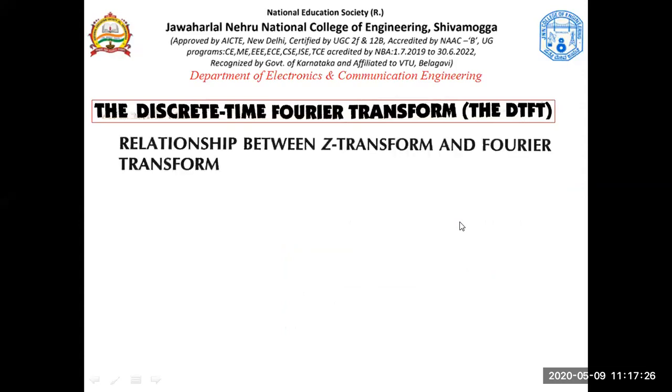Since the Z transform also dealt with discrete time signals, let's see how these two transforms can be compared. If you're really good with Z transform, this DTFT is not going to pose problems to you. You can easily understand DTFT, so you need to be good with Z transform.